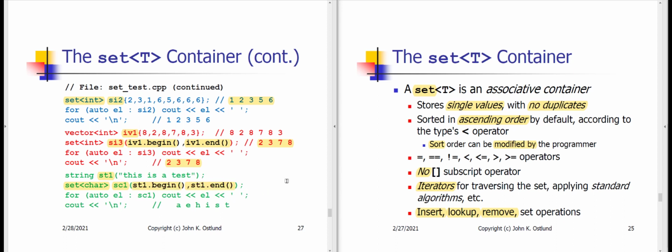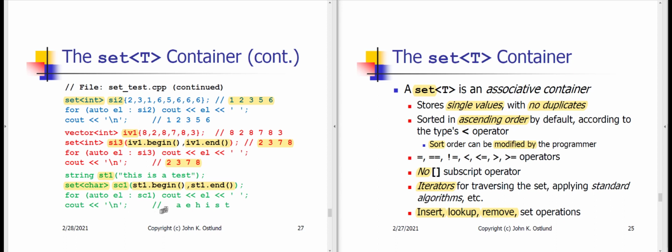So the iterators are going to treat the string object as being a sequence of individual char values. SC1 is declared as a set of char, and it's going to be initialized from this sequence: T, H, I, S, space, I, S, space, A, space, and so on.